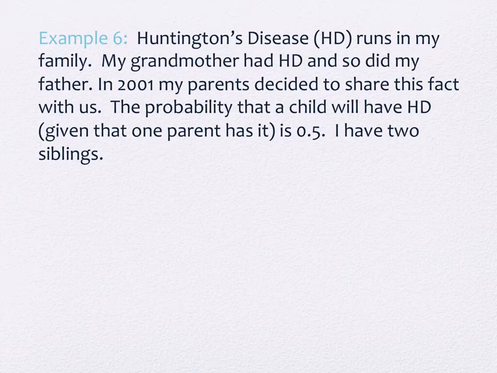So Huntington's is a degenerative disease. It overproduces a chemical. I'm probably not saying all the sciencey stuff right, so don't quote me on this. But it overproduces a chemical that gets in the way of your central nervous system. So over time, your central nervous system starts not working right. Balance is one of the things that starts to go. I remember my grandma slipping and falling really easily.